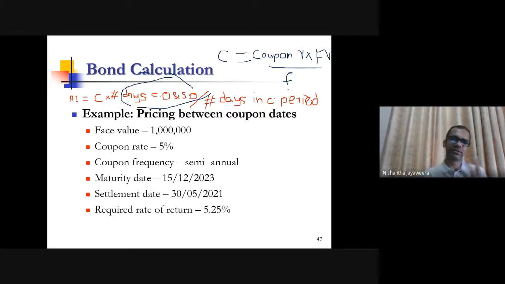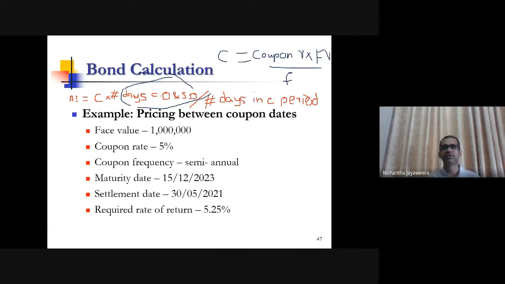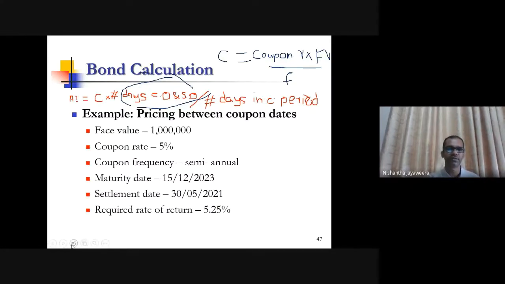You get the coupon amount for a particular coupon period. So either you can straight away use that coupon amount or calculate it adjusted for the number of days. So all these were discussed the week before last week.